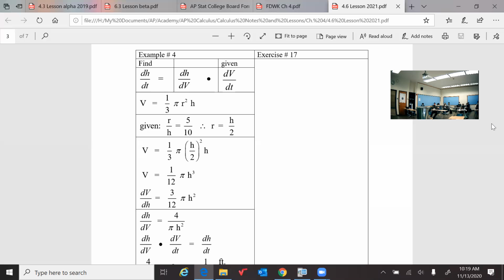So I put h over 2 where there was an r, and that gives me h squared over 4, and 4 times 3 is 12, so V equals 1/12 pi h cubed. Then I can do the derivative of V with respect to h, which is the reciprocal of what you want up here. Okay? So, like I said, the answer is secondary. That's going to be it for the alpha lesson.